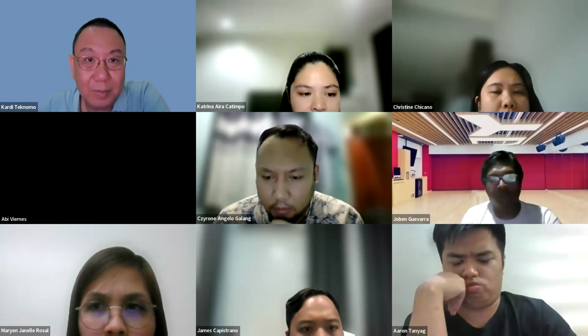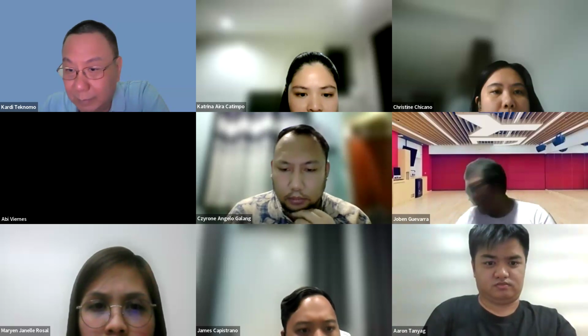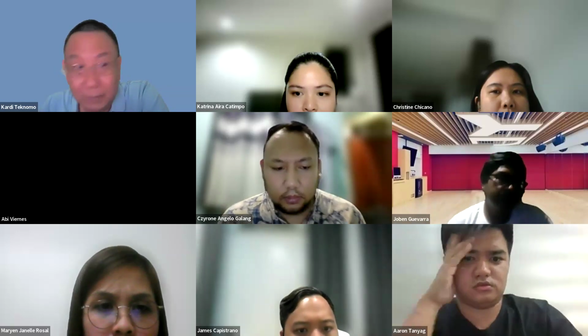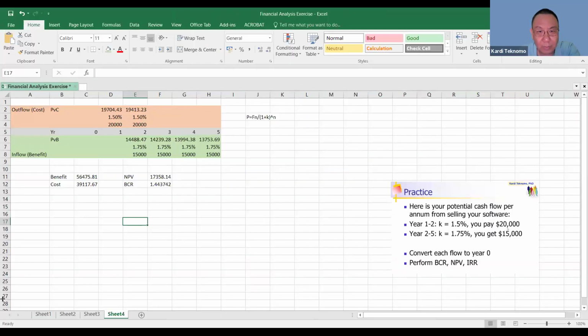Katrina. Oh, can we make it larger? Okay, that's the inflow, the interest.